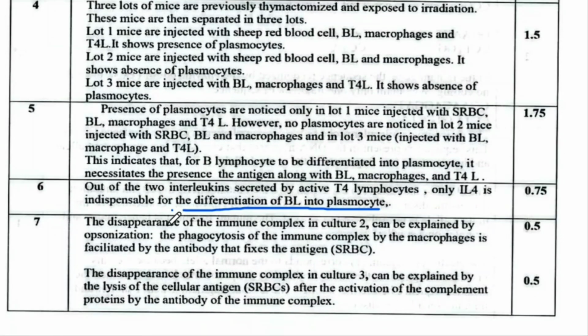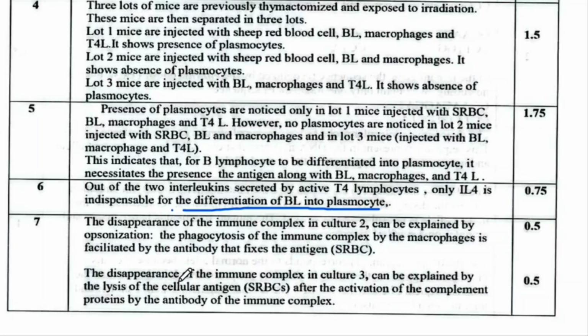The disappearance of the immune complex in culture 2 can be explained by opsonization. The phagocytosis of the immune complex by the macrophage is facilitated by the antibody that fixes the antigen.